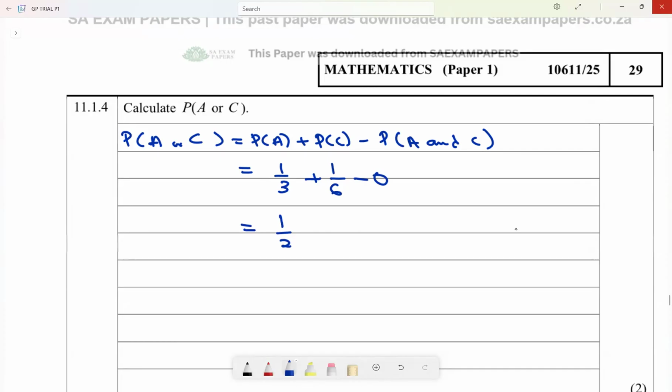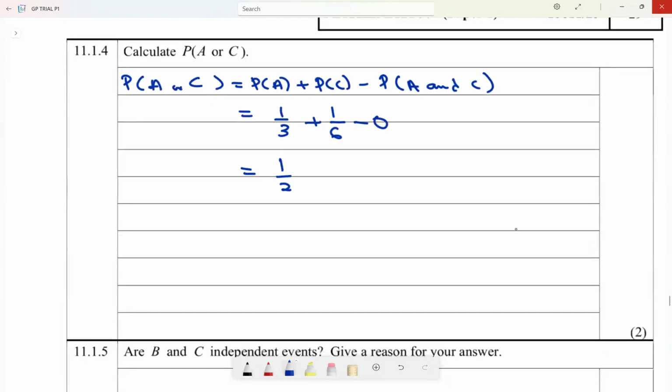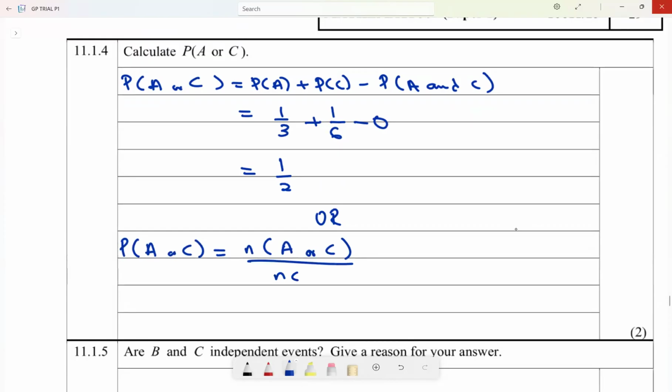All right. Or the other way that you can do it, you can say the probability of A or C is the number of samples where A or C occurs divided by the sample size.